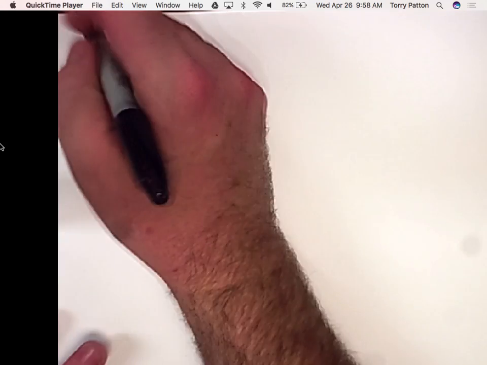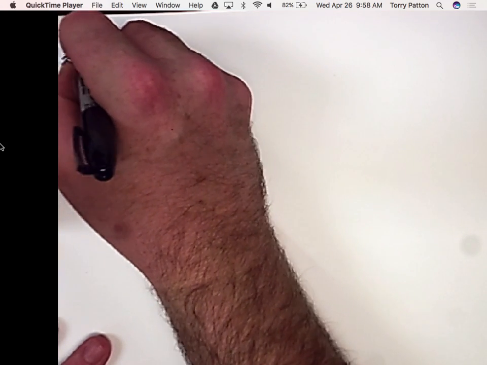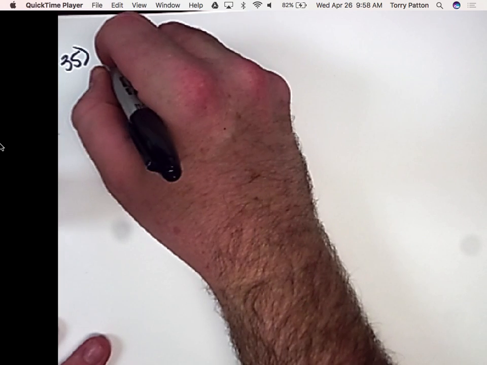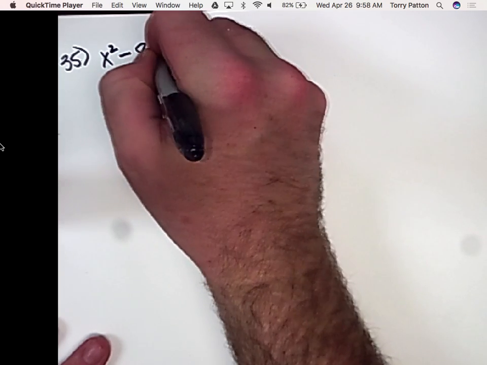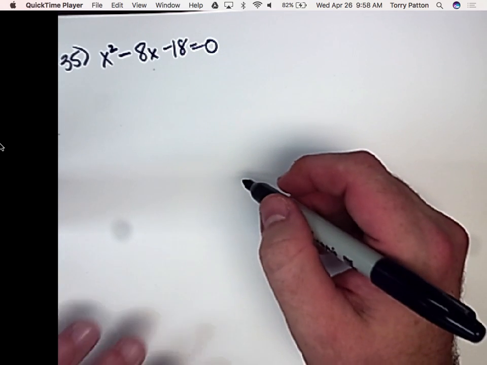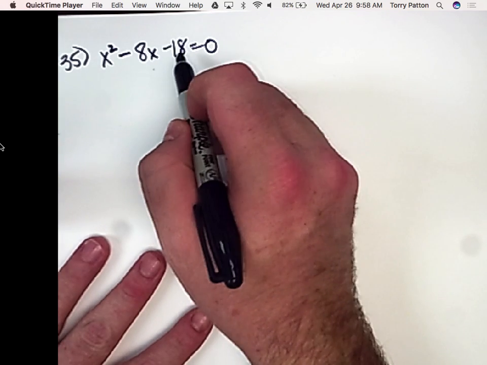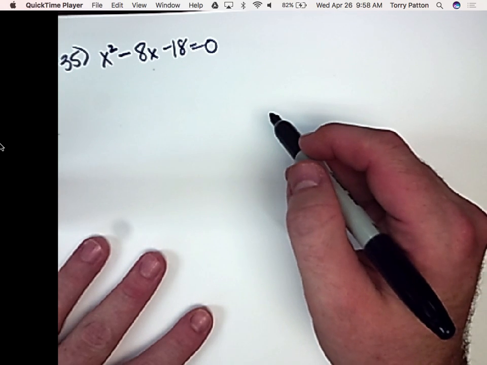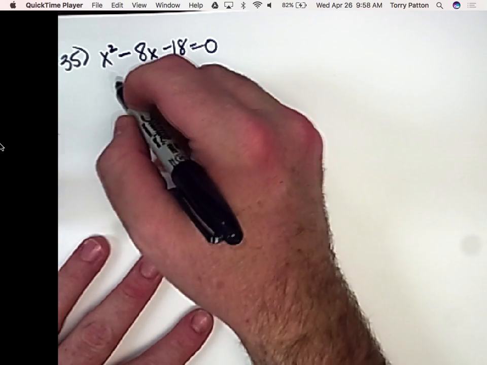Okay. Hold up, what is the answer? 4 plus or minus the square root of 34. So we have x squared minus 8x minus 18 equals 0. So it doesn't factor because there's no factors of 18 that subtract to be 8. So you have to do the quadratic formula.